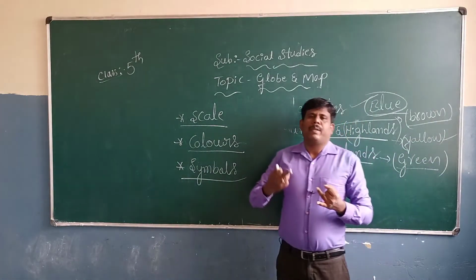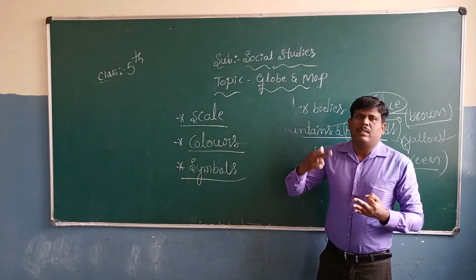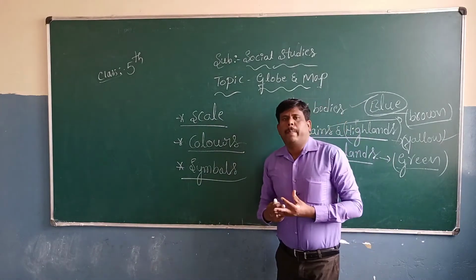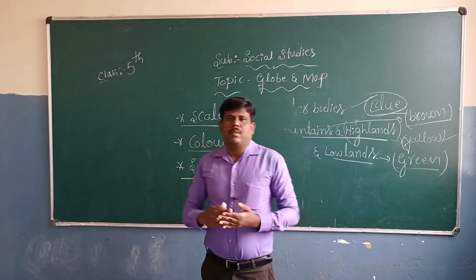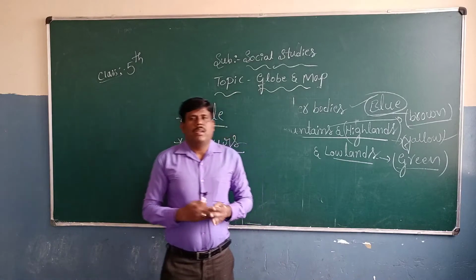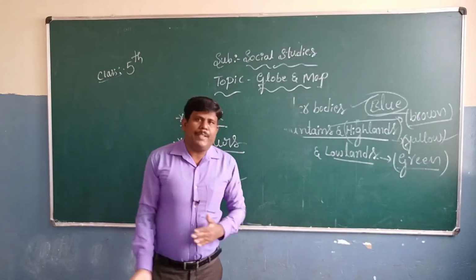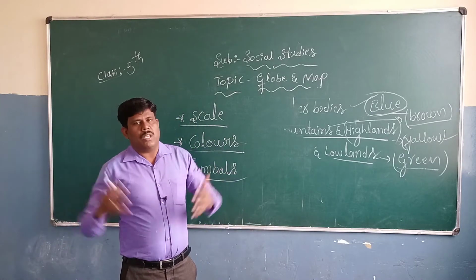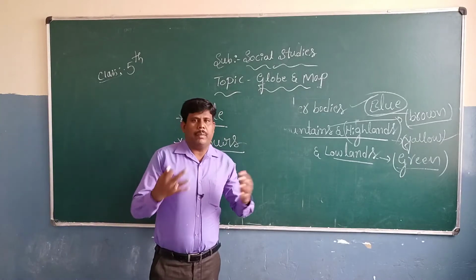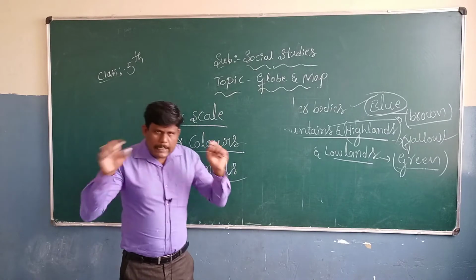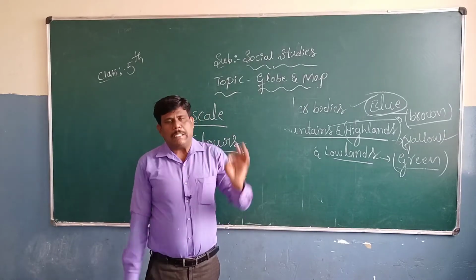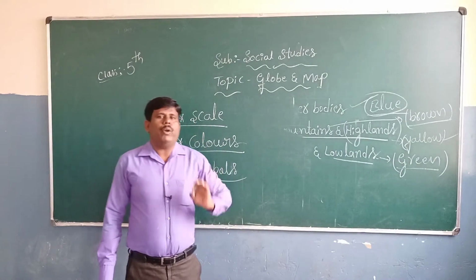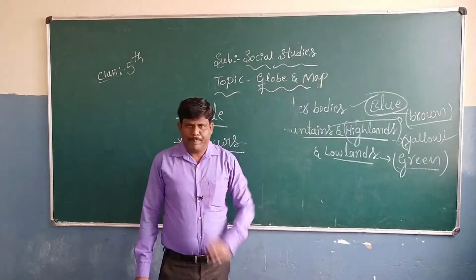Railways, roadways, national highways, state highways, airports, then domestic airports, international airports, and ports are also located on the map. These are all the particular symbols used to show important places on the map.